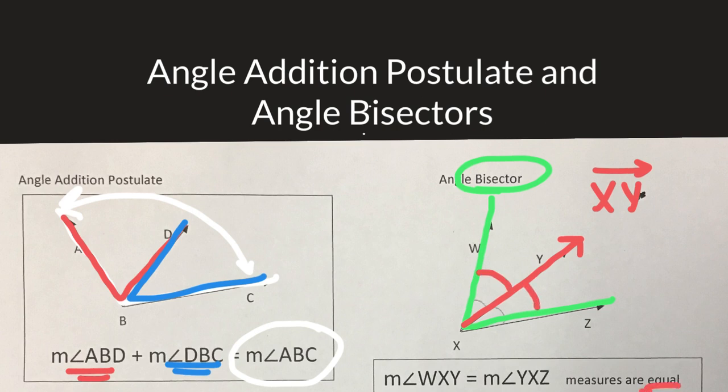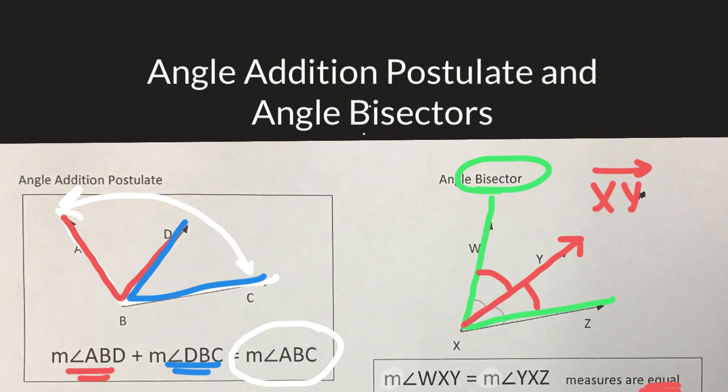Measures are equal, angles are congruent. Notice the difference: measure has a little m by it and it's talking about degrees. The degree of this angle equals the degree of that one. Down here we don't have the measure, we're talking about the pictures. The pictures are the exact same if we have congruent angles.